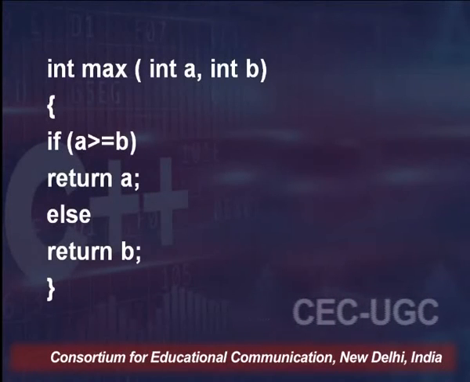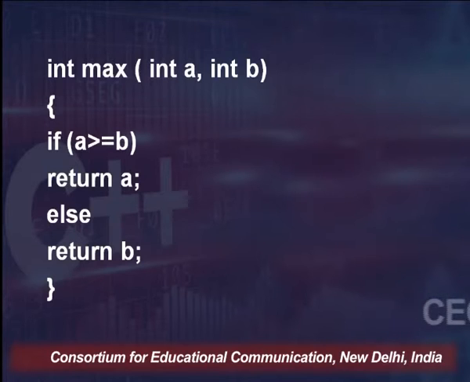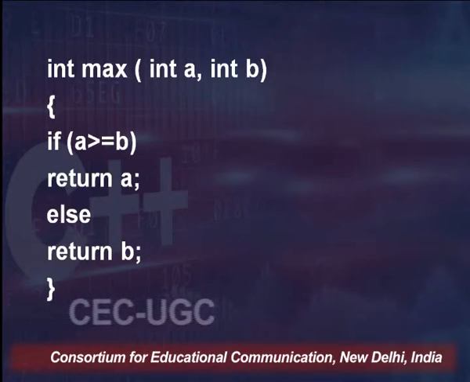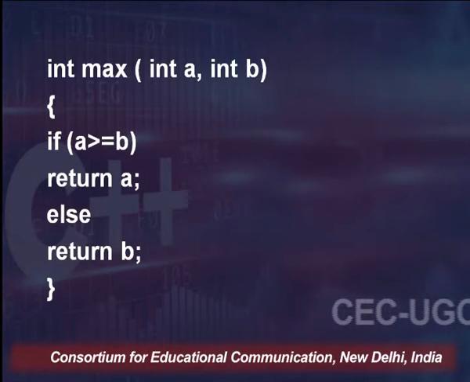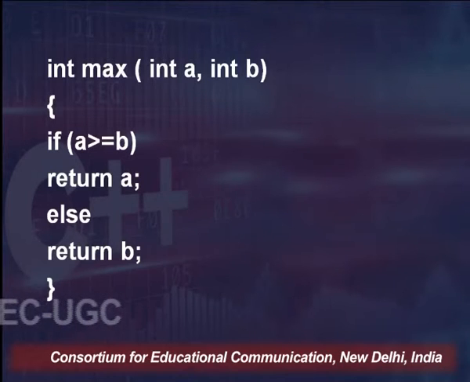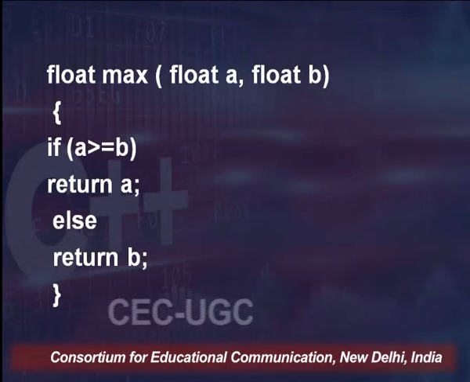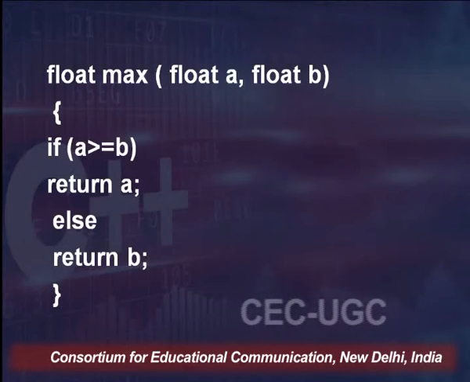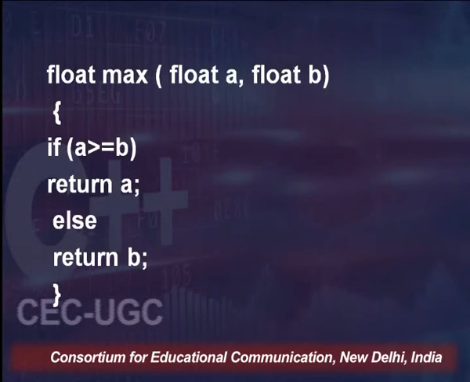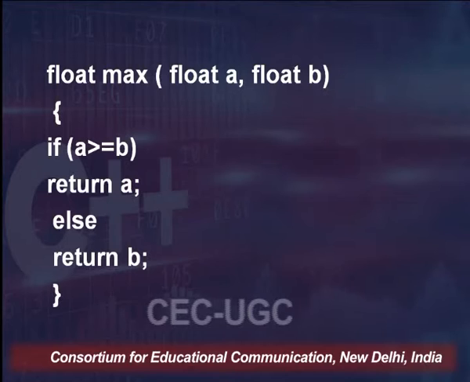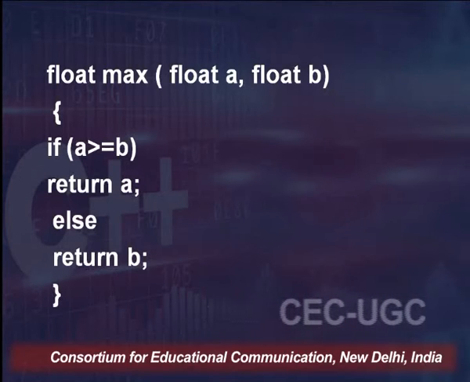Now for example, I have a function, let us say max, in which two integers are passed and it returns an integer, either a if a is greater than b, or else it returns b. Another overloaded form of this function is one in which two float variables a and b are passed, and it returns a float variable.